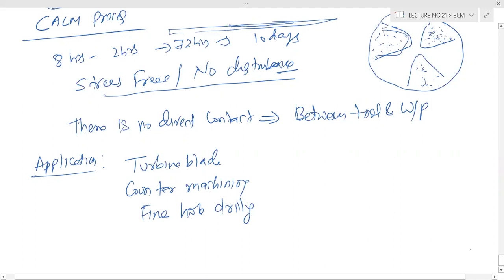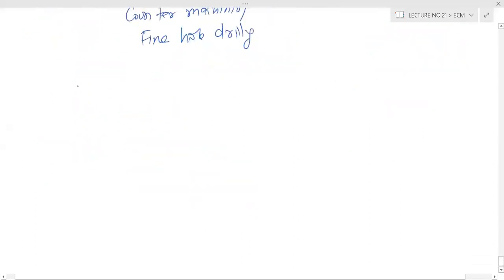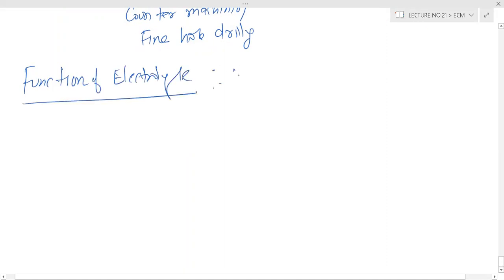And what is the function of electrolyte here? It is much needed. Otherwise, the process will not be possible. First, the circuit is to be closed, so ions flow through the electrolyte.